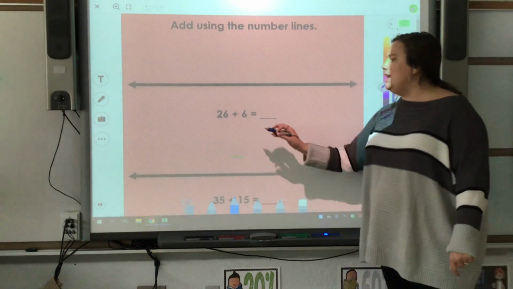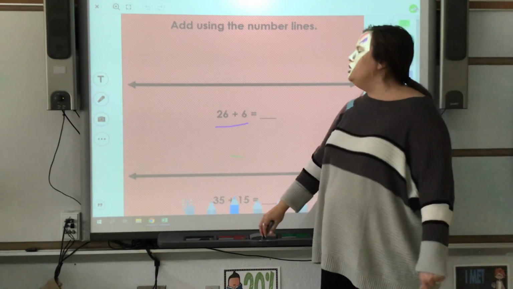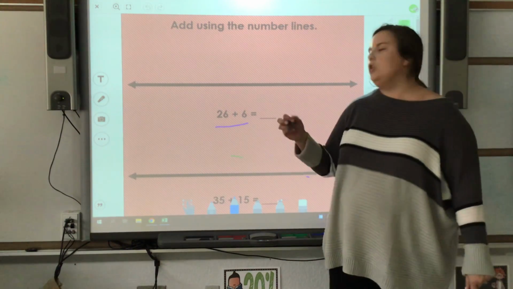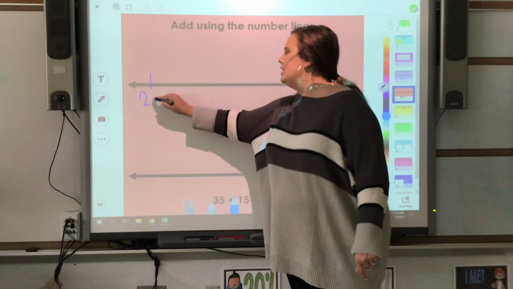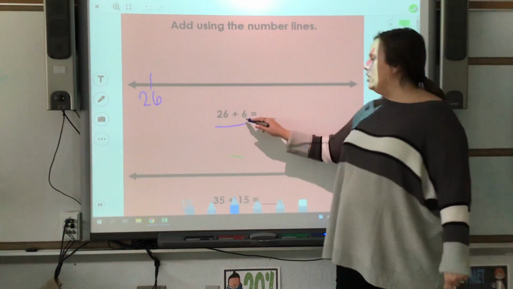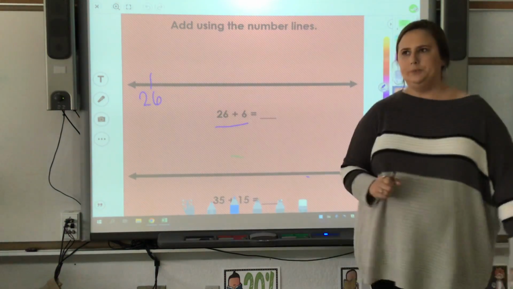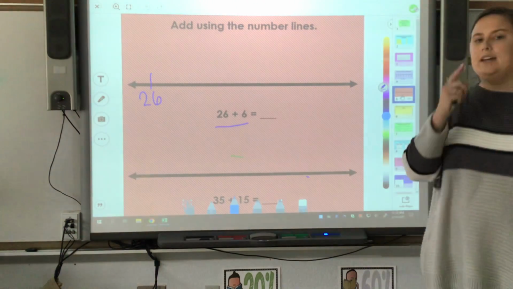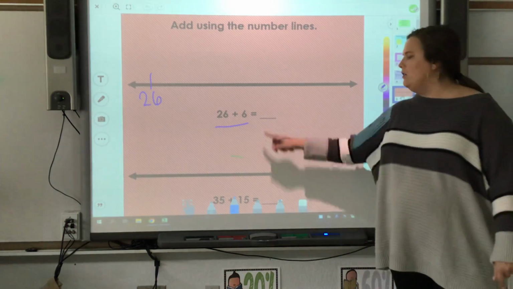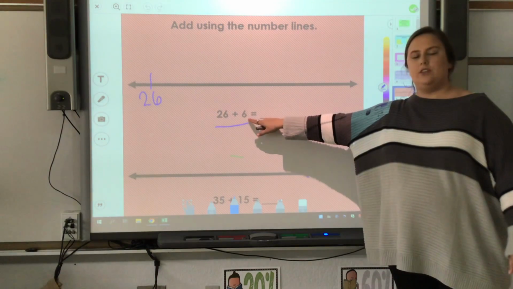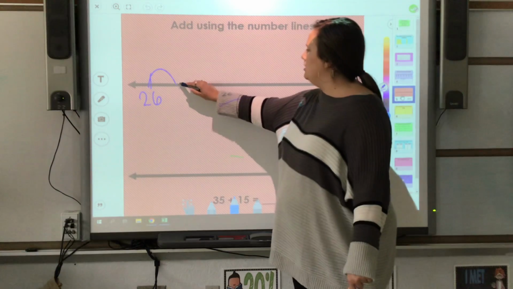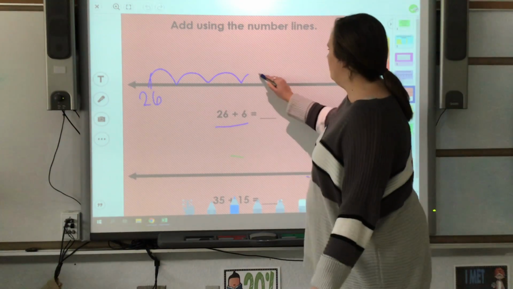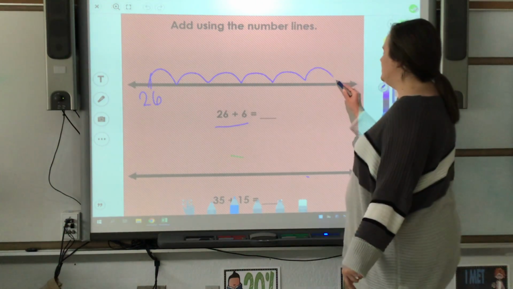And remember, we have an open number line also, friends. So when you're adding on an open number line, you can fill in your numbers or you can start at the number given. So we're going to start at 26. And we know we have to hop over how many ones? If you said 6, that's right. Because we're not hopping over tens because we don't have any tens in the number 6. So we're going to hop over 6 ones. 1, 2, 3, 4, 5, 6.